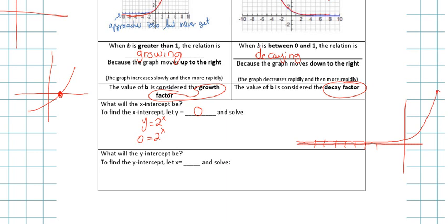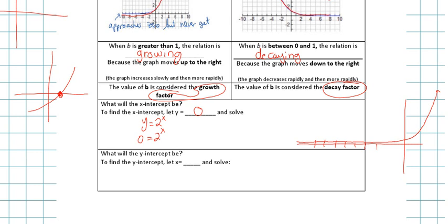When you actually zoom in, you're going to see that it's never going to touch. So when we have a regular exponential function like y equals 2 to the power of x, or 7 to the power of x, or 100 to the power of x, we're never going to have an x-intercept.